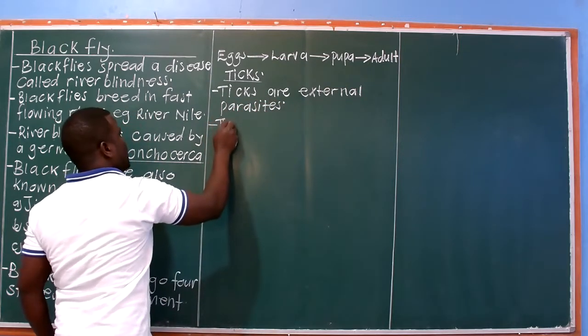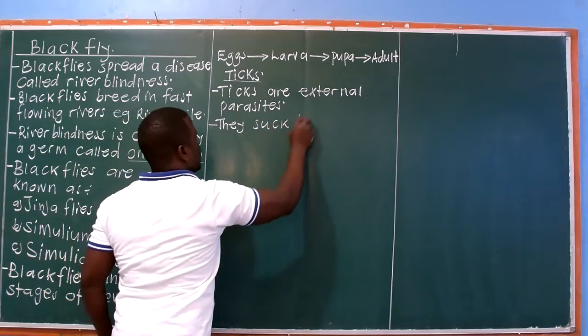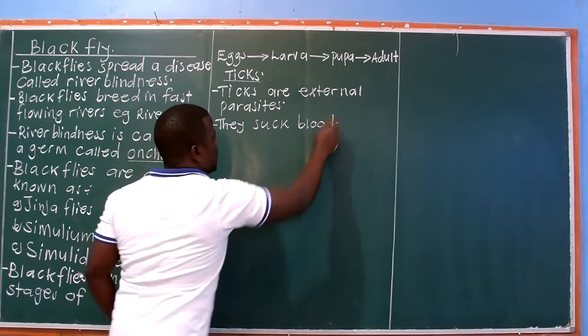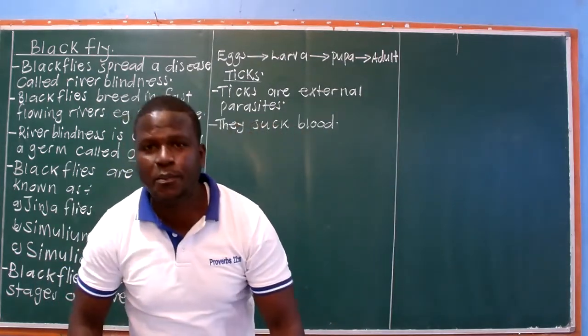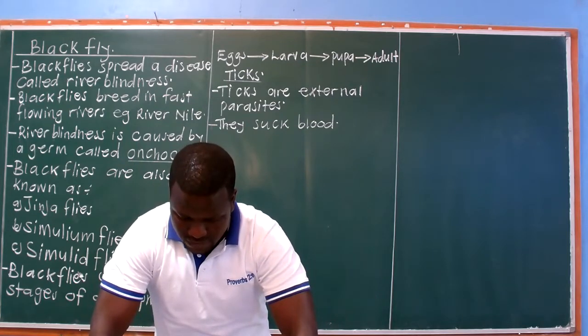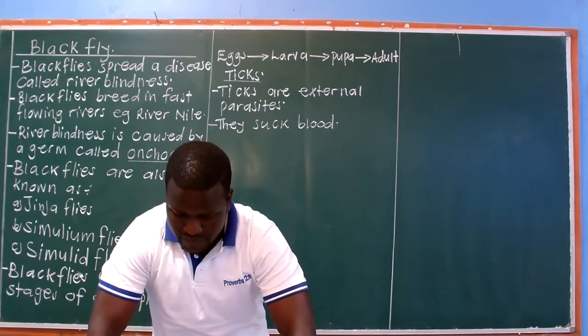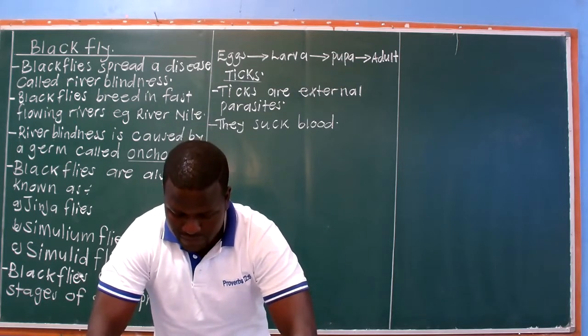And they suck blood both from animals and people. So some of you may think that ticks only suck blood in animals. No, they also suck blood from human beings.